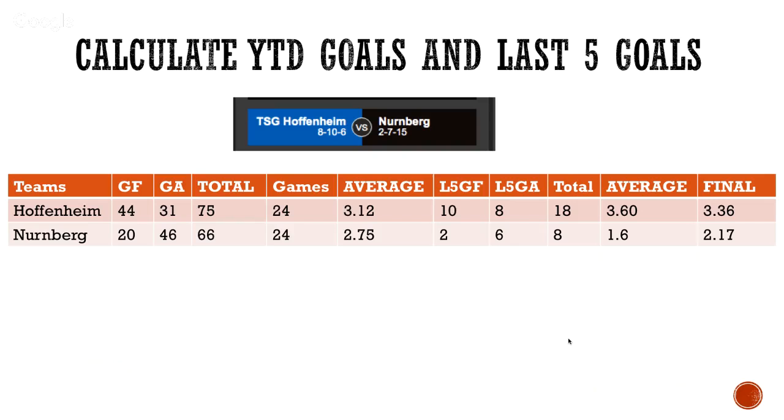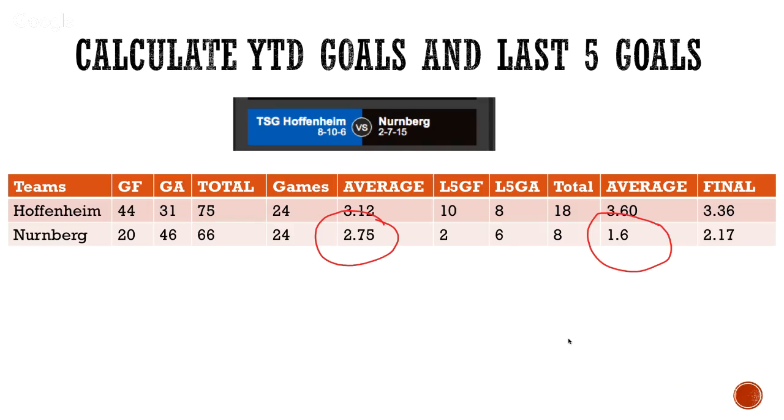So you can already see, look at where it says 2.75. That's a year-to-date average, and again, that's not the most predictable stat to use of how that team's going to perform in this game between Hoffenheim and Nuremberg. This stat right here, 1.6, is probably more accurate than the 2.75. However, to capture both of these, what we do is we add 2.75 plus the 1.6.